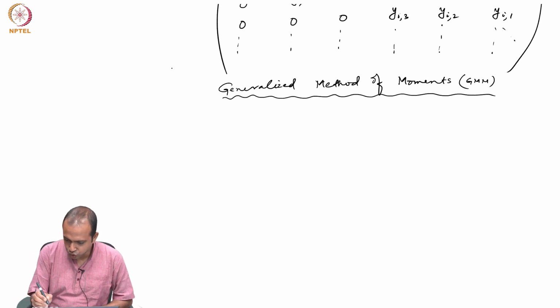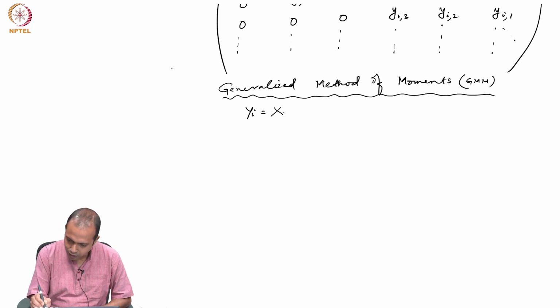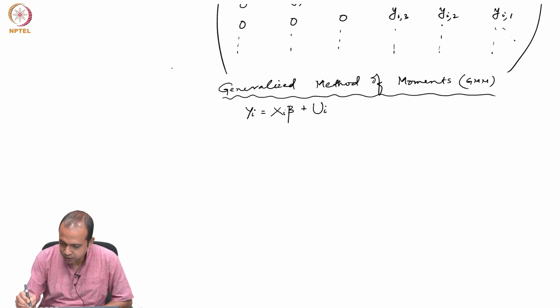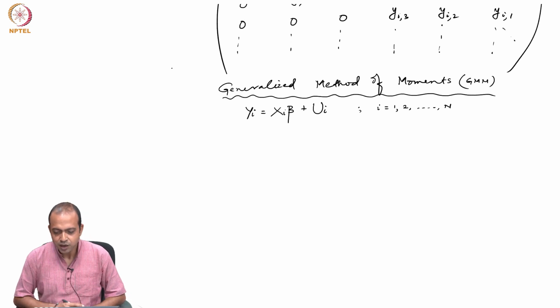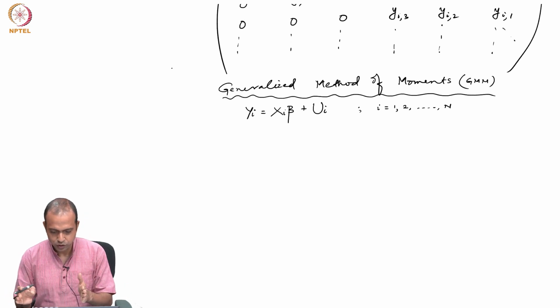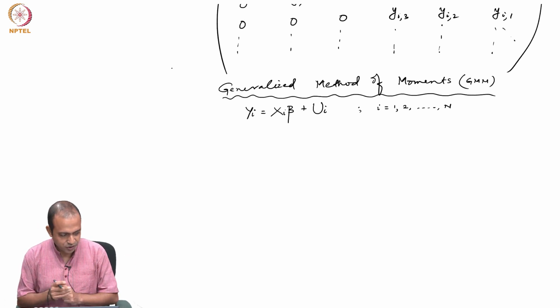So, let us assume for the time being, this is our model: y_i equals x_i beta plus u_i, and here i equals 1. Why am I writing x_i beta instead of beta x_i? Because these are all matrix notation. That is why y_i equals x_i beta plus u_i, that is my matrix notation.